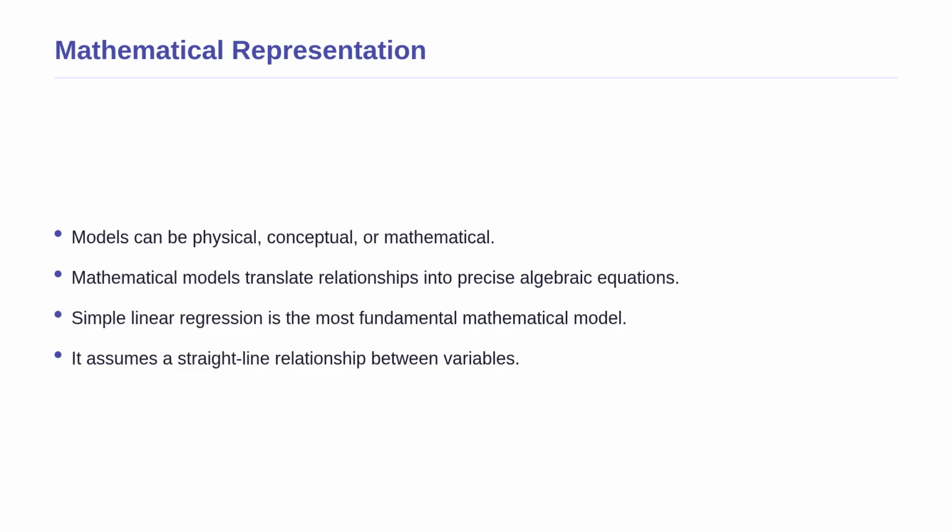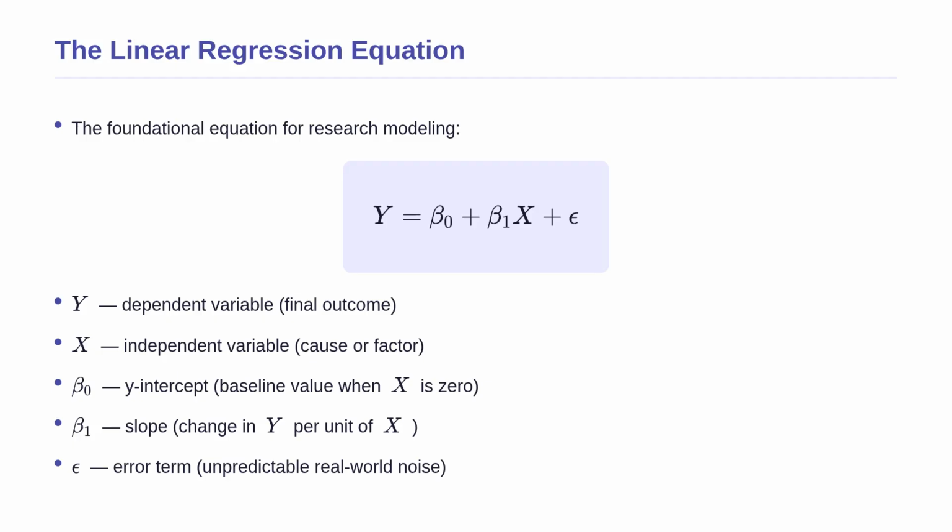The most fundamental and widely used mathematical model in research is the simple linear regression model. This model assumes that one outcome variable is directly influenced by another predictor variable in a straight-line relationship, plus some random noise. Now that we understand the concept of mathematical modeling, let us look at the actual equation for simple linear regression.